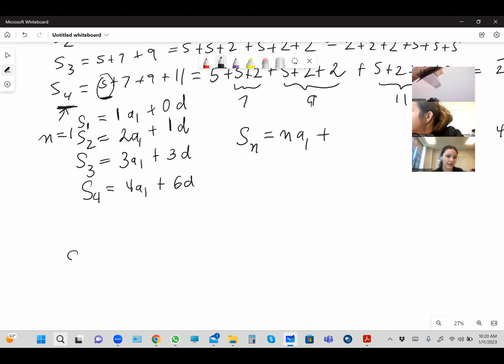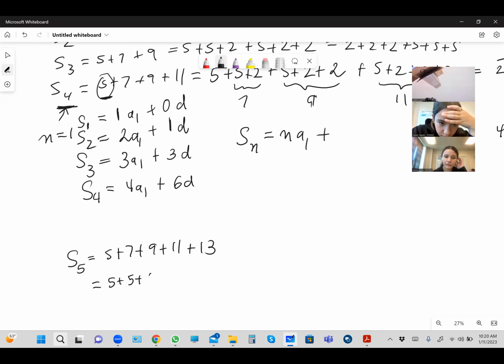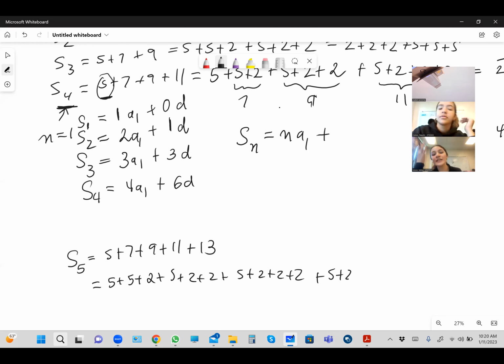If I did S of 5, just to see if you see it, it would be 5 plus 7 plus 9 plus 11 plus 13. So that's going to be 5 plus 5 plus 2 plus 5 plus 2 plus 2 plus 5 plus 2 plus 2 plus 2 plus 5 plus 2 plus 2 plus 2 plus 2. So now we have to start counting.